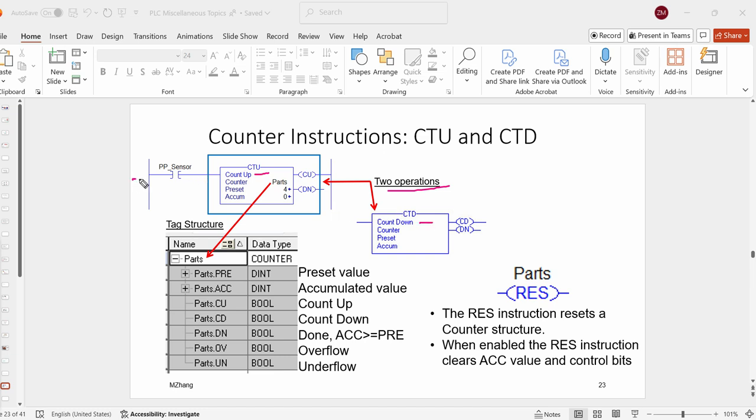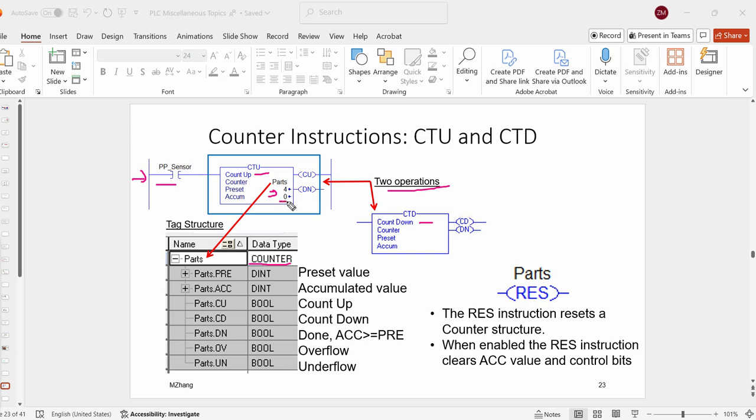In this situation, if you have a part presence sensor, then you can use that to trigger the count up, so then you can count how many parts. Of course these parts have the data type of counter. Right now you can see the setup is full, so we're going to count, like, four parts into a box or something like that.